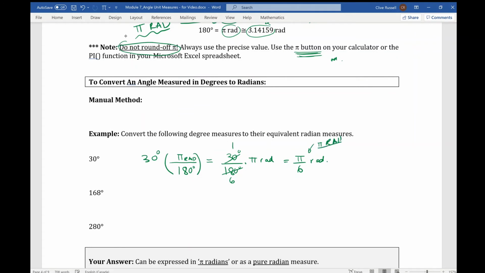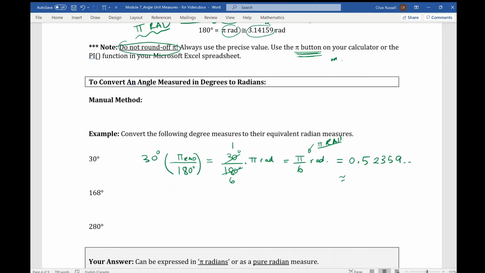So this is now in pi radians. Now we could get this to be pure radians by pressing the pi button and dividing by 6. So if we do pi and then divide by 6, then we get 0.52359 and a bunch of other things.